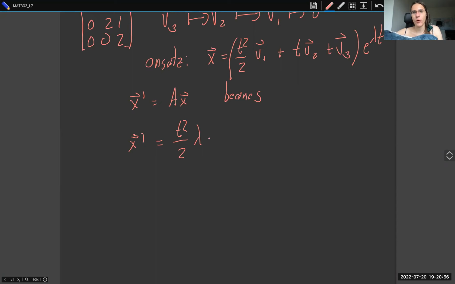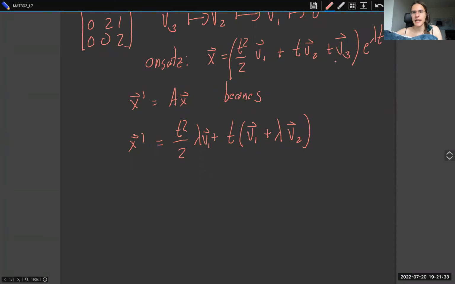Then as for ways that we can get t, we can differentiate this. So we're going to get t, and then, sorry, this is times v1. Then the ways that you can get t are that you can differentiate this, so you'd get v1, or you can differentiate e to the lambda t here, so plus lambda v2.